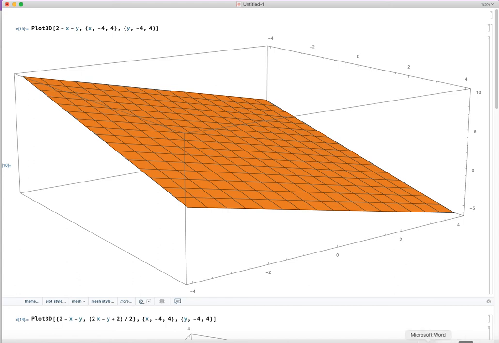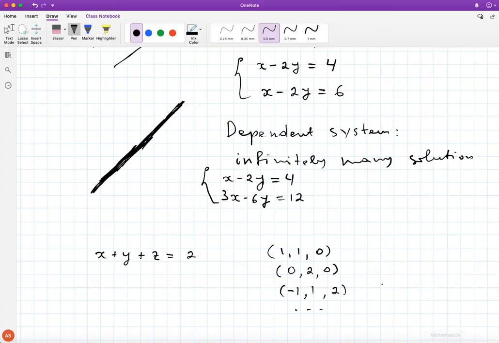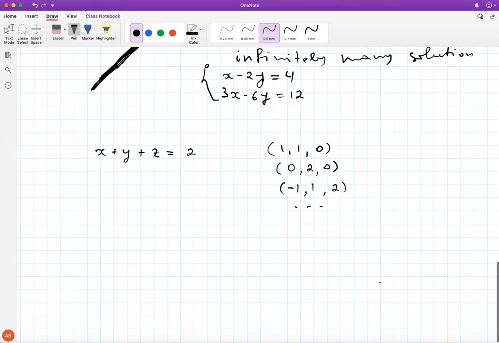Very good. So now let's add another equation in three unknowns to the one that we've just considered. x plus y plus z equals 2. This is our first equation, same as before.